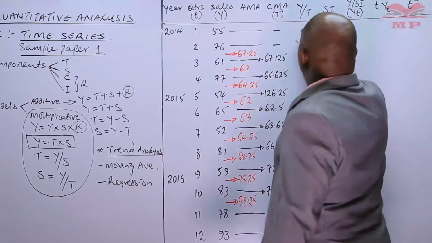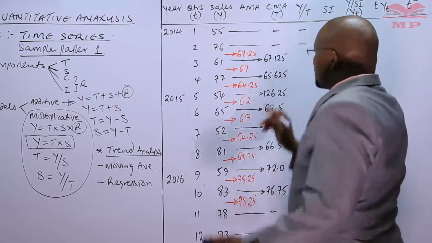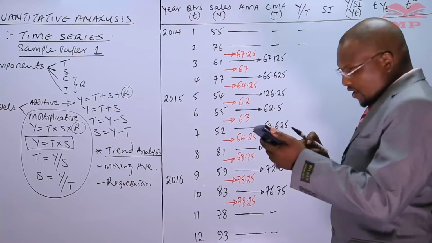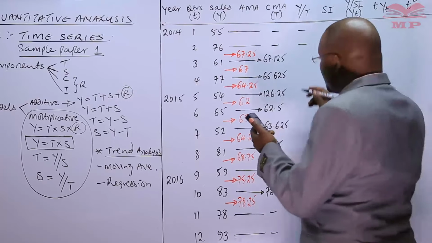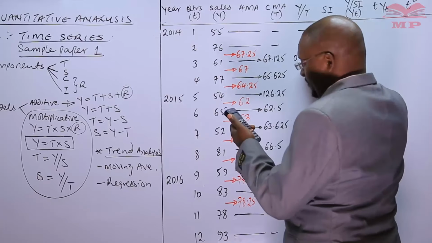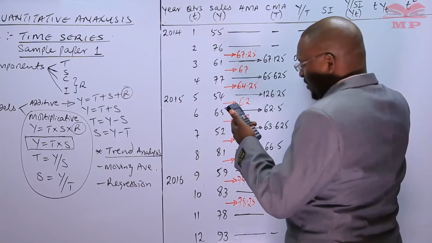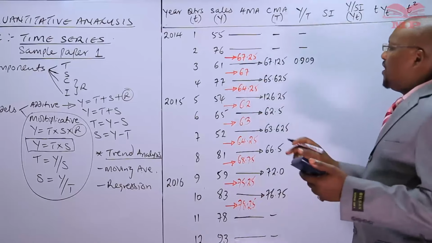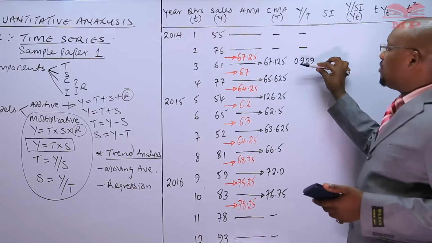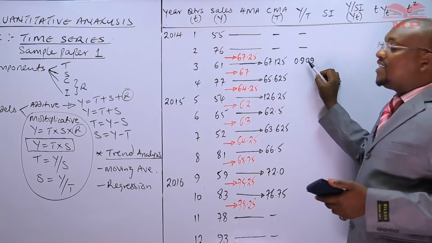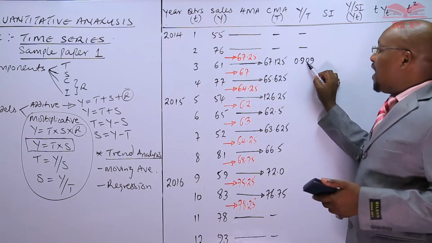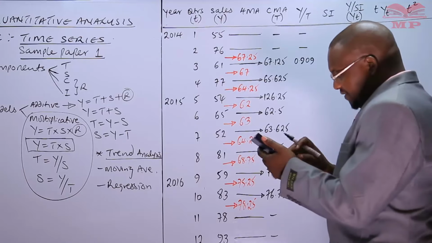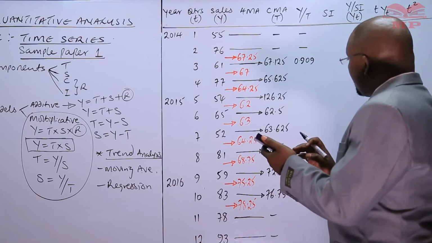First of all, we don't have any value here, so we just take the 61 and divide by 67.125, which is going to give us 0.909 in decimal places. That tells you that the effect of the season is to reduce our sales to 90.9%. Otherwise, if there's no effect, then it would have been 67 instead of 61. Then 77 divided by 65.625.